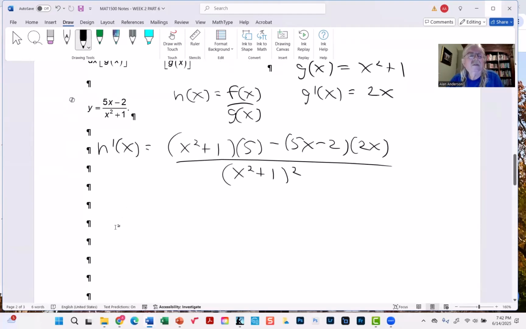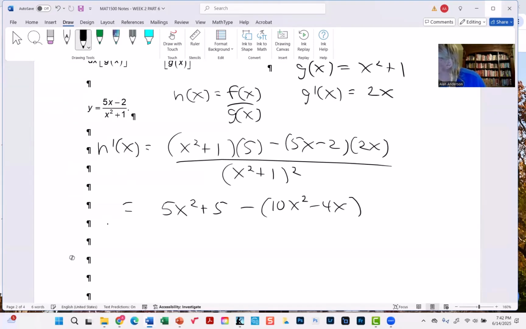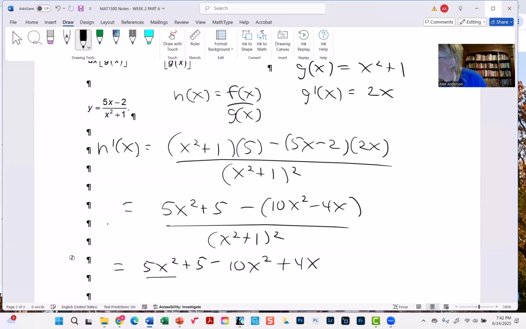Okay, so we can simplify this a little bit. Not much. In order to avoid any sign errors, let's first multiply 2x by this expression 5x minus 2. So we'll have 10x squared minus 4x. And so this leaves us with 5x squared plus 5 minus 10x squared plus 4x all over x squared plus 1 squared.